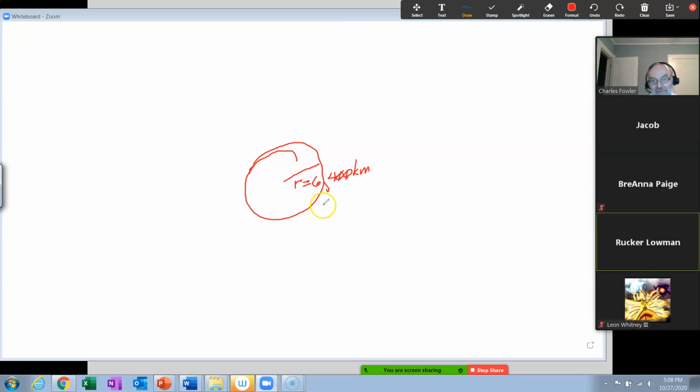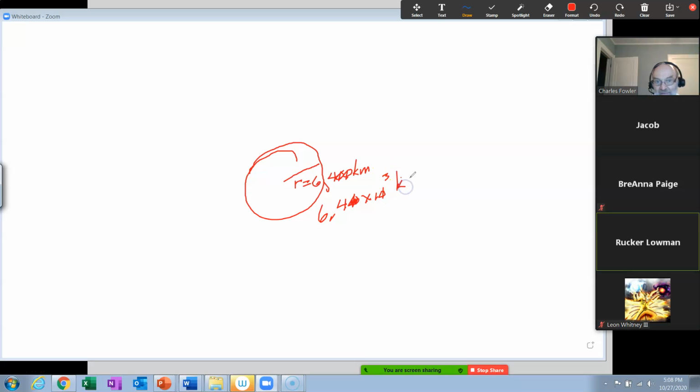Now, most of the time when we're doing SI units, we don't deal with kilometers, we deal with meters. Well, this would be 6.4 times 10 to the third kilometers.